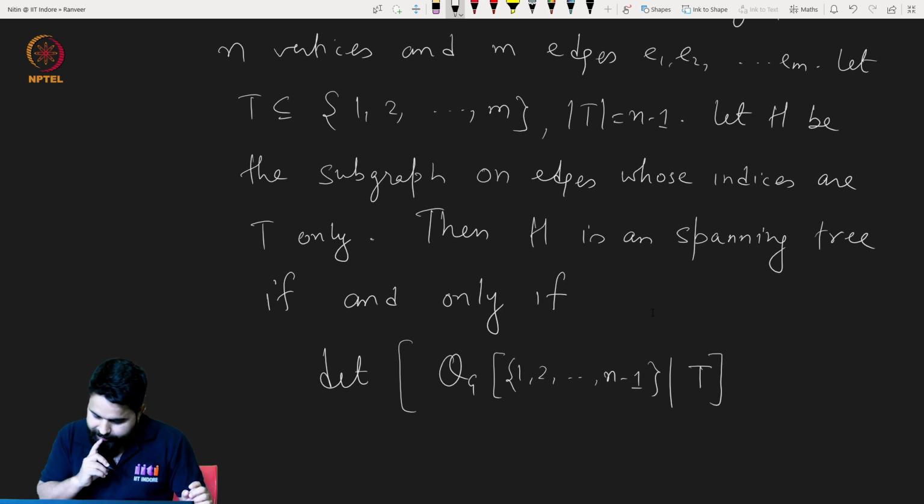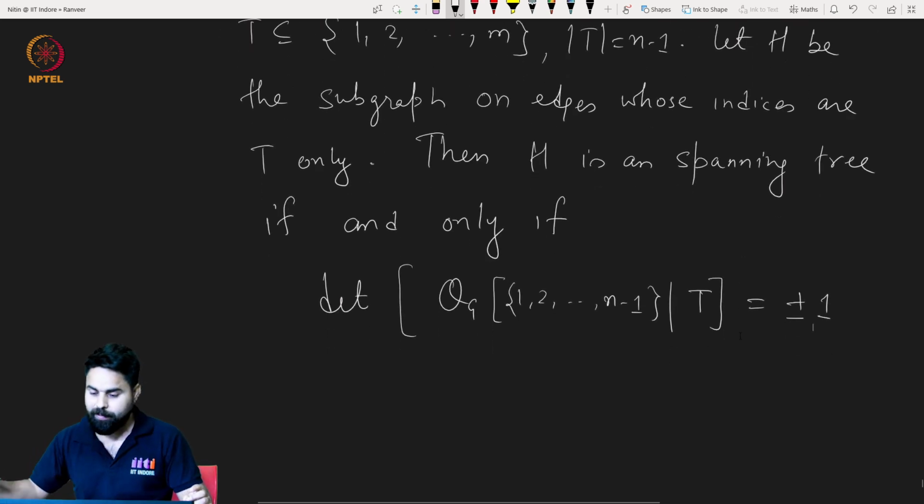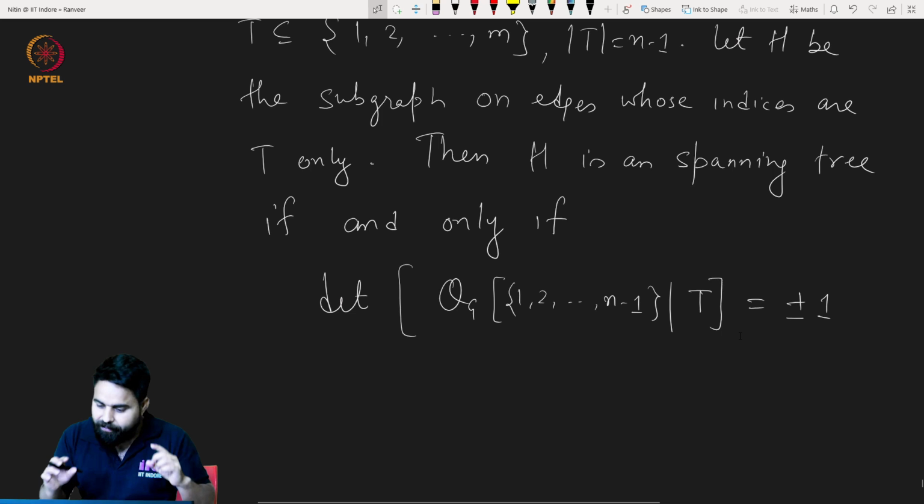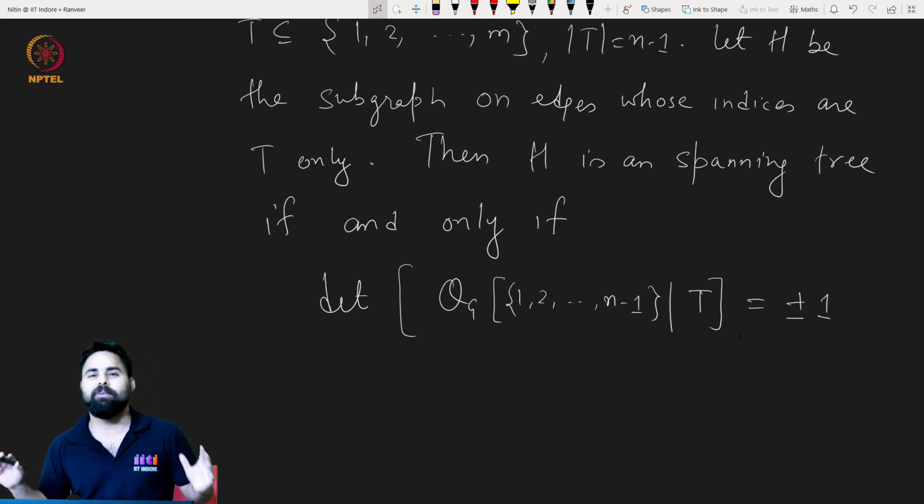If those n minus 1 edges form a spanning tree, then the determinant of this matrix is equal to plus 1 or minus 1. H is a spanning tree if and only if this happens. Very, very good.